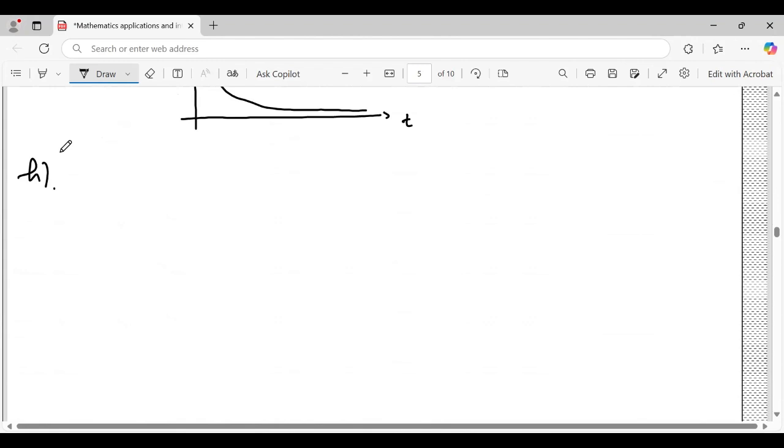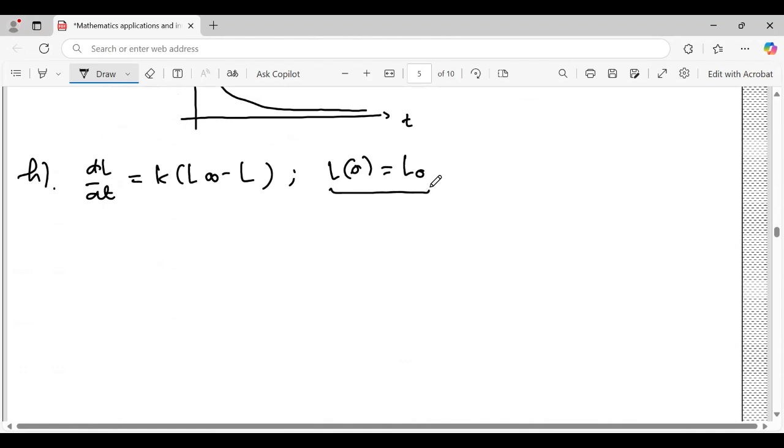H. The differential equation dL/dt equals k times L infinity minus L, with the initial condition L(0) equals L0.